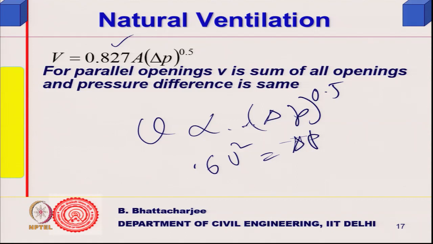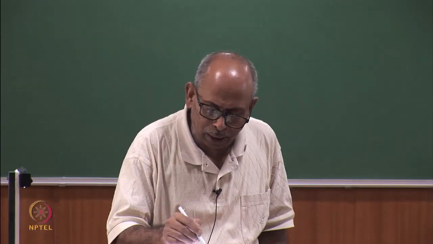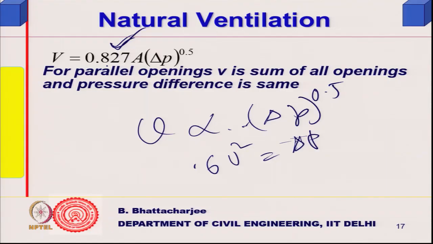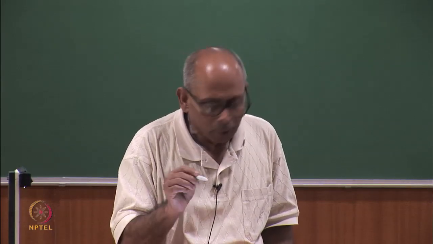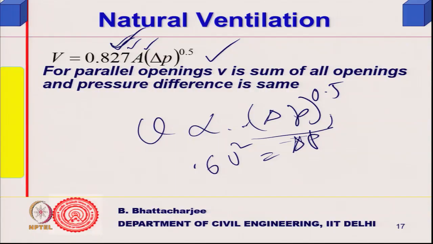I do not have the derivation of these values, but this 0.827 comes in, divided by R. So V can be related to delta P to the power half, 0.827 into A. V is delta P to the power half, and delta P was 0.6 V square, so this is 1 by under root 0.6.